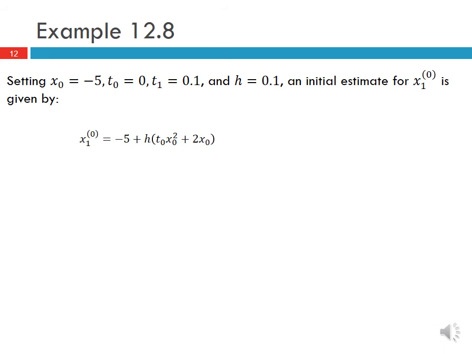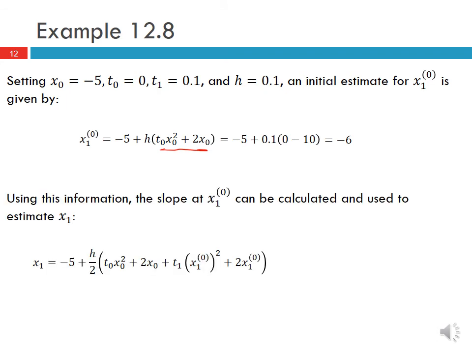So let's see how this is implemented for the first few time steps. x0 is equal to minus 5, t0 is equal to 0, t1 is 0.1, and h is 0.1. Our initial estimate, or this intermediate value, x_1^(0), is given as shown here. x_1^(0) is minus 5 plus h times our function evaluated at x0 and t0, so t0 x0 squared plus 2 x0. Plugging in our values, we get that x_1^(0) is equal to minus 6.